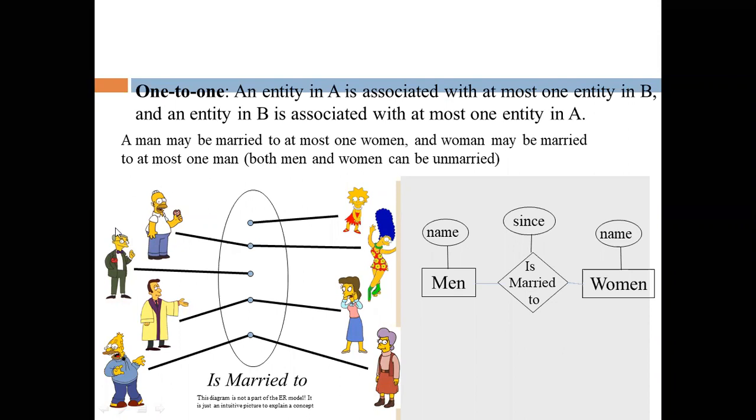An entity in set A is associated with at most one entity in B. In the same way, an entity in B is associated with at most one entity in A.